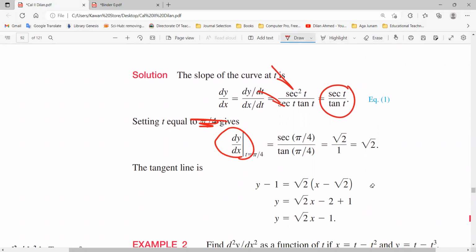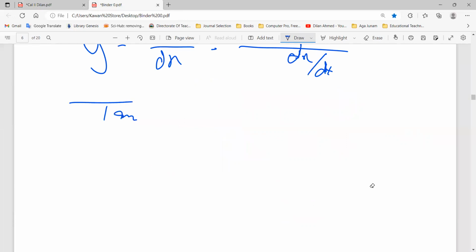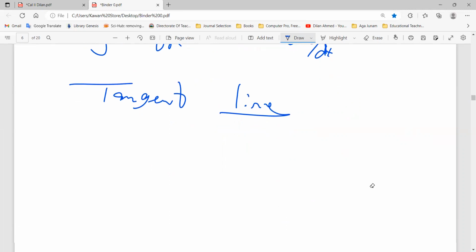I have a first derivative equal to sec tan, then I substitute the value and get the result. And how about the tangent line? The equation of the tangent line is y minus y naught.